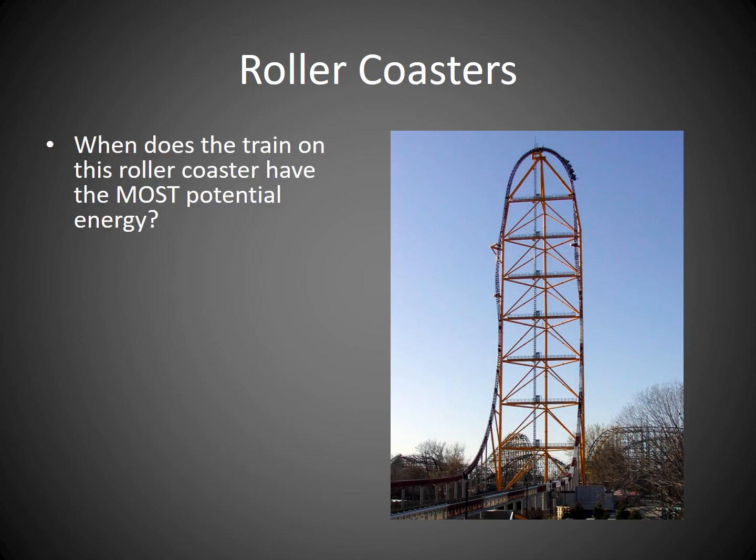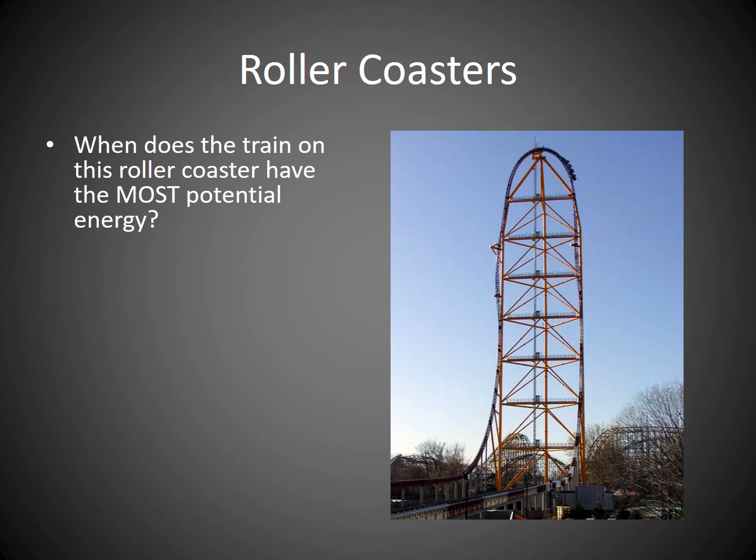Okay, so when does the train on the roller coaster have the most potential energy? Well, if you know how a roller coaster works, you have a chain link bringing the coaster up to the top. When it's at its highest, so usually the highest point of the roller coaster, but not just usually, but always, the highest point of the roller coaster is that very first hill.